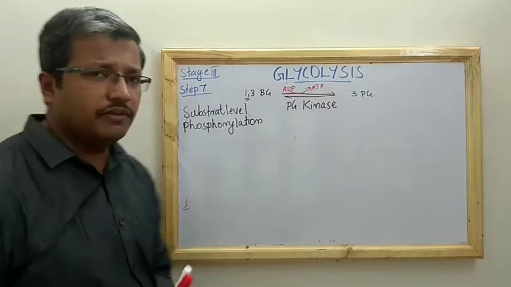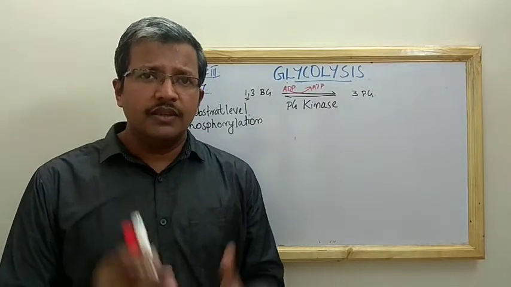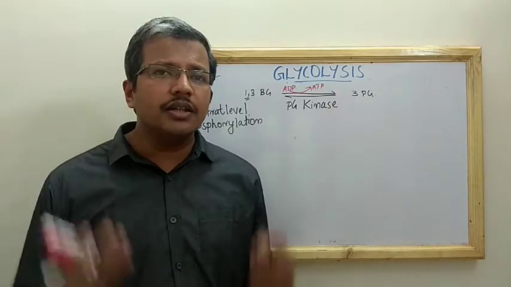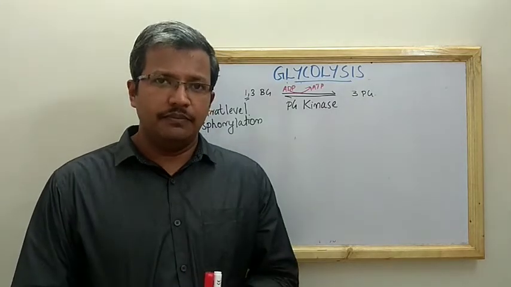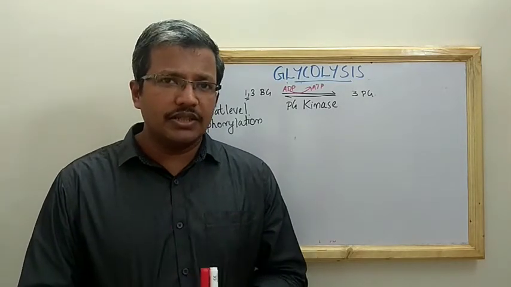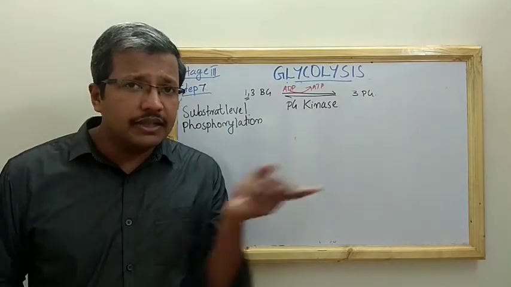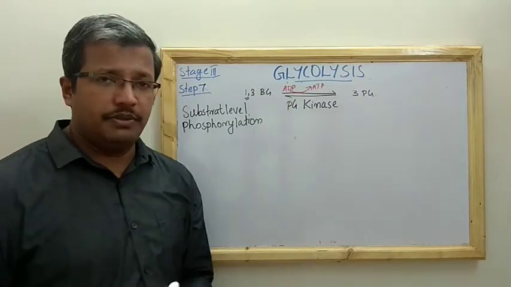So what is substrate level phosphorylation? It is a phosphorylation reaction where a substrate other than ATP becomes the donor of the phosphate group, and it results in the production of ATP. Example is this one, and there are upcoming reactions also that form ATP.